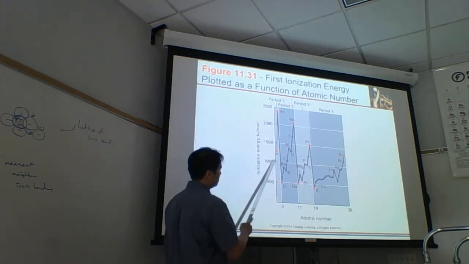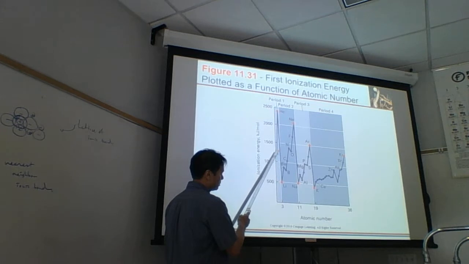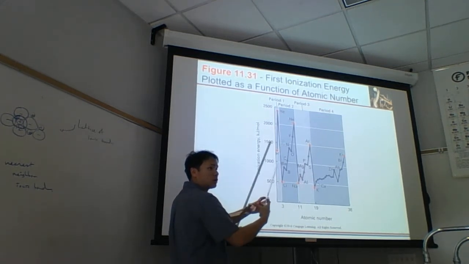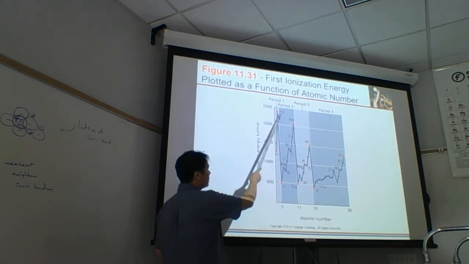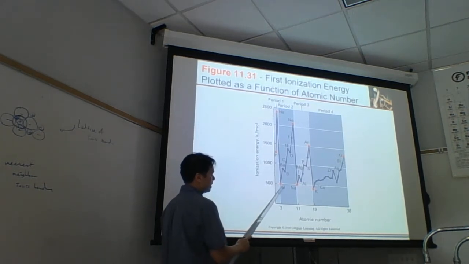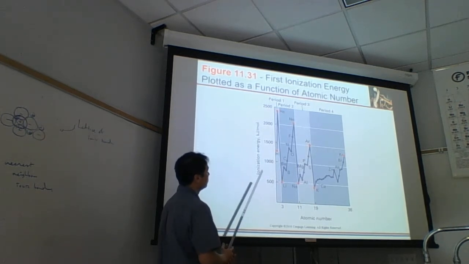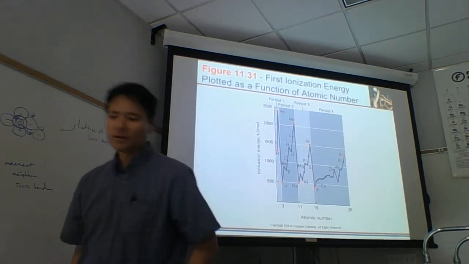Repetition helps remember it, so you should repeat it yourself. Hydrogen to helium, more protons, contracts, right? And then we add a shell, so it expands. Then lithium to neon, it contracts. Oh, this is ionization energy. I'm doing the wrong one.